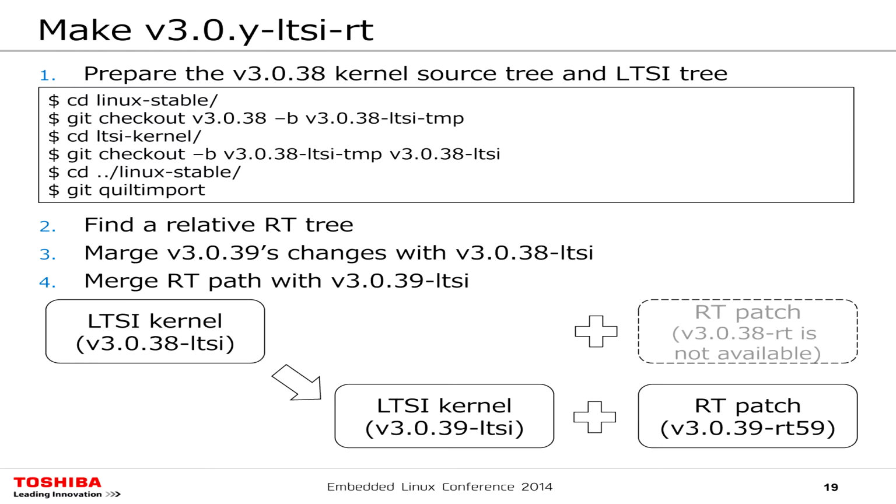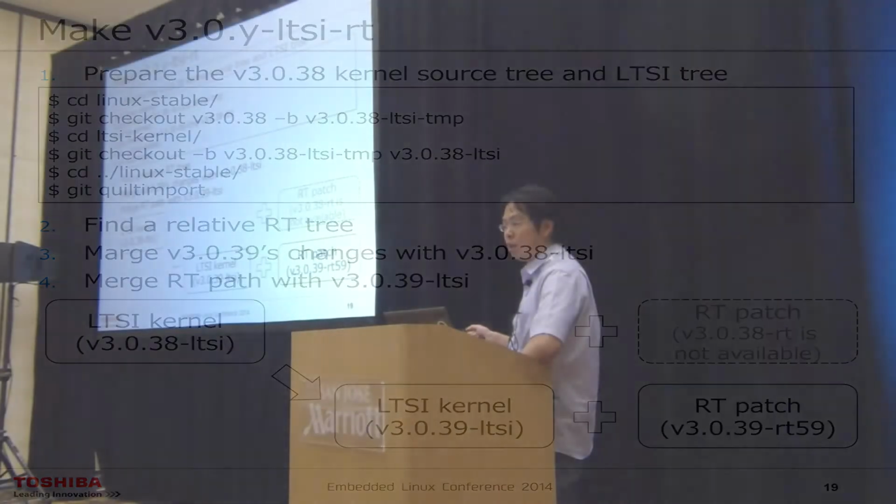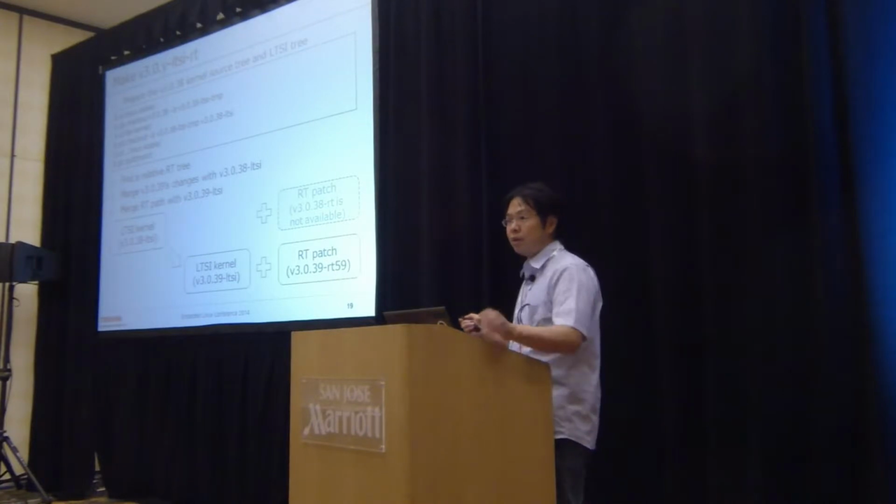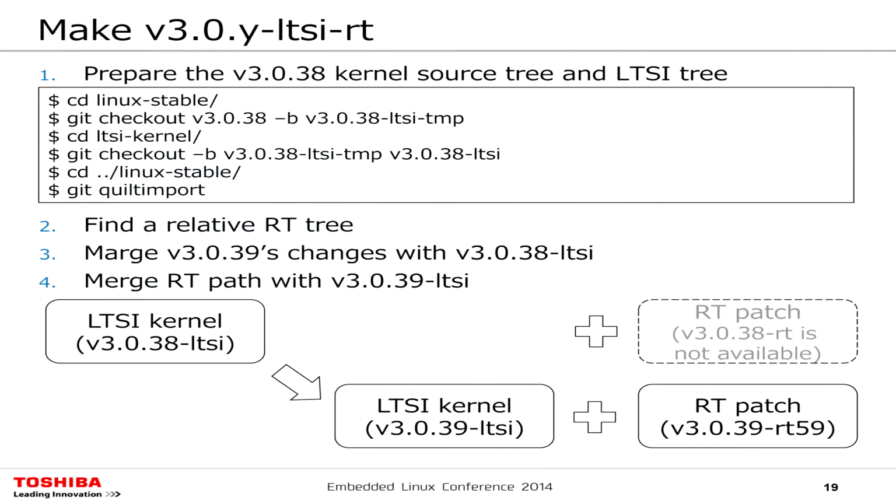Also, LTSI kernel version 3.0 was released first on version 3.0.38, but the RT patch is not available for 3.0.38. In that case, at first, we create an LTSI kernel first, then merge it to version 3.0.39, because this version has a relevant RT patch here.